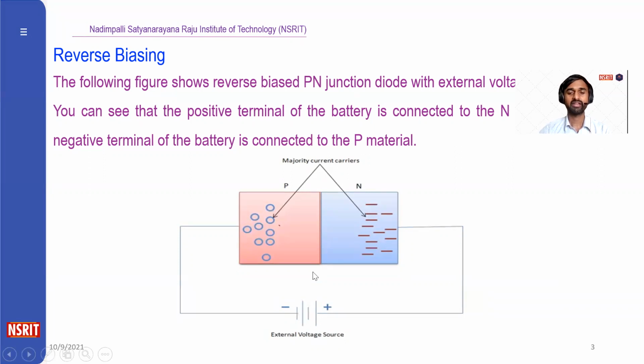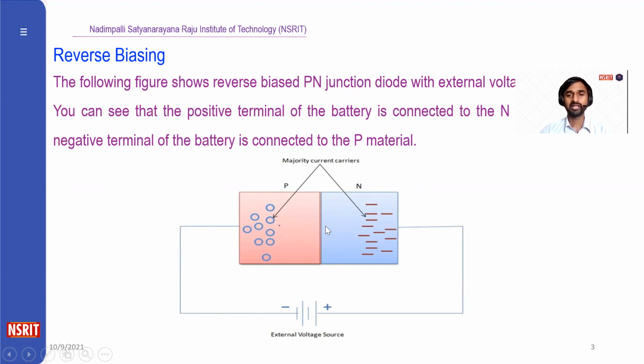So what happens when we connect the negative terminal of the battery to the p-type material is, as we all know, in p-type material, the majority charge carriers are holes, which are positively charged. So the negative terminal of the battery pulls these holes towards the negative terminal.